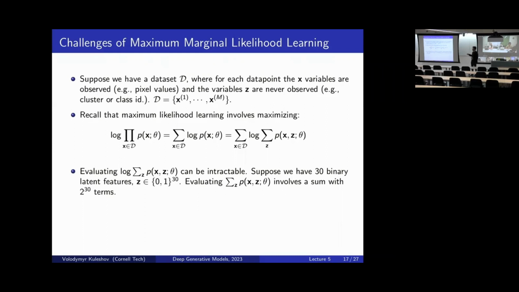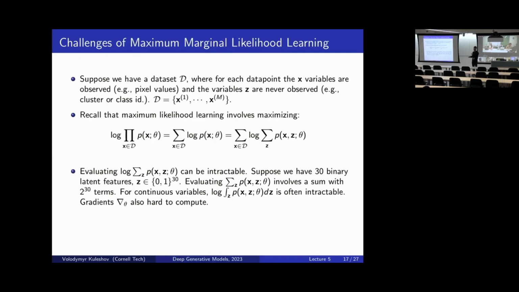Then this summation would be over 2 to the power 30 terms, which is way more than anything that we can do in a reasonable amount of time. So computing this sum will be in many cases intractable, either because there are too many Z's to sum over, or because the Z's are continuous and then we'll have an intractable integral. Okay. And because it's hard to compute the log likelihood, it's also going to be hard to compute the gradient, right?